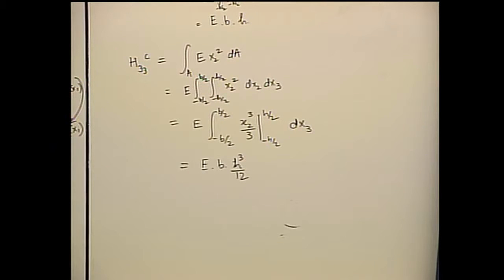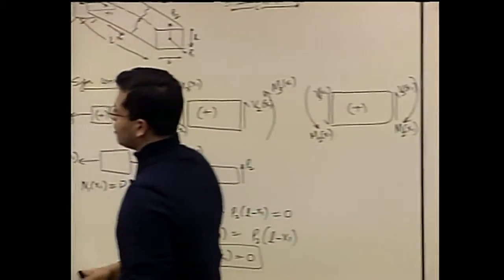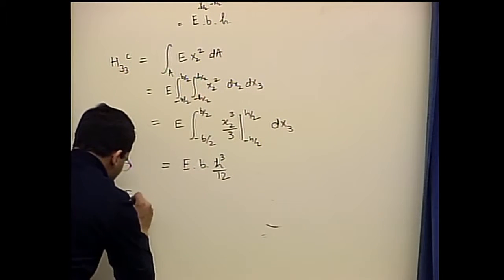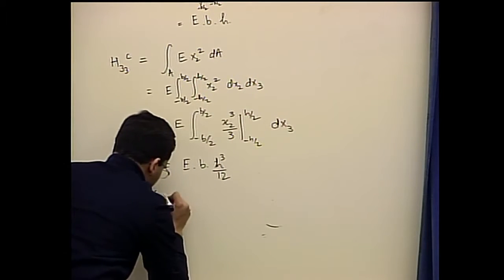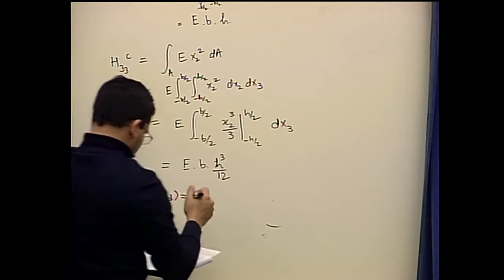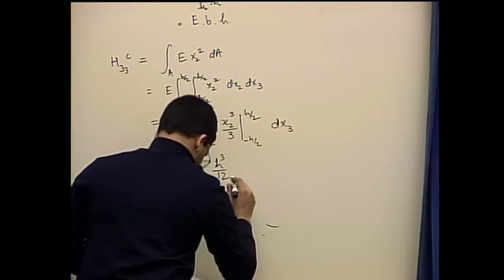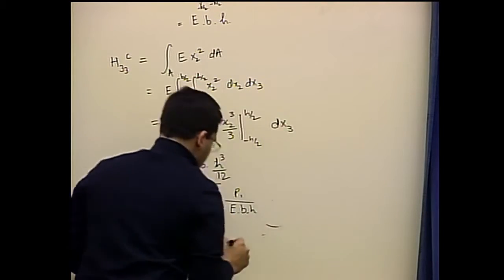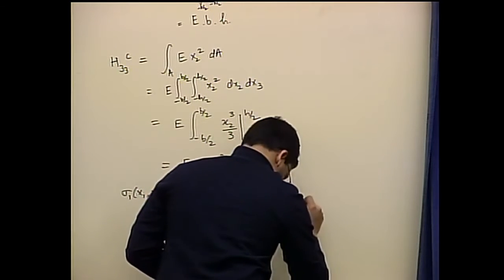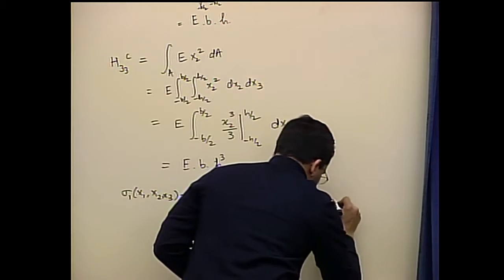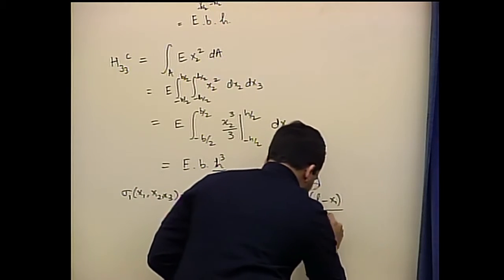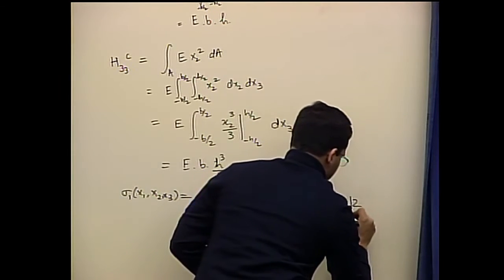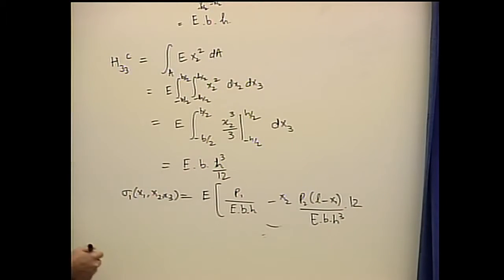Okay, so let's take this expression for the stresses at any point in the beam and substitute all these values. So we get sigma 1(x1, x2, x3) is equal to E times P1 over E B H minus x2 P2 (L minus x1) over E B H cube over 12. So I'm just multiplying that on the other side.